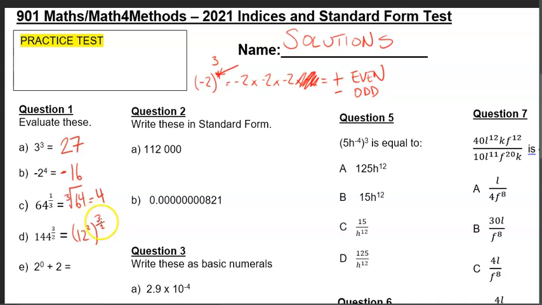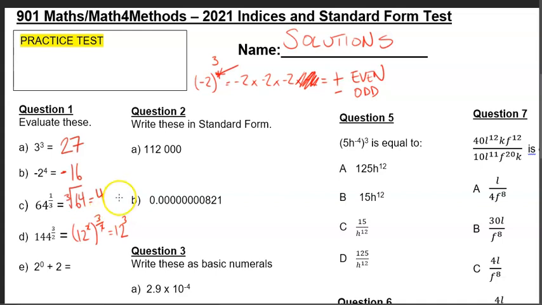Whenever you have a power on the outside that's getting multiplied to a power on the inside, these two get multiplied together. So this is 12 to the power of 2 times 3/2. The 2's cancel out, and this is just equal to 12 to the power of 3. So this is just 12 times 12 times 12.